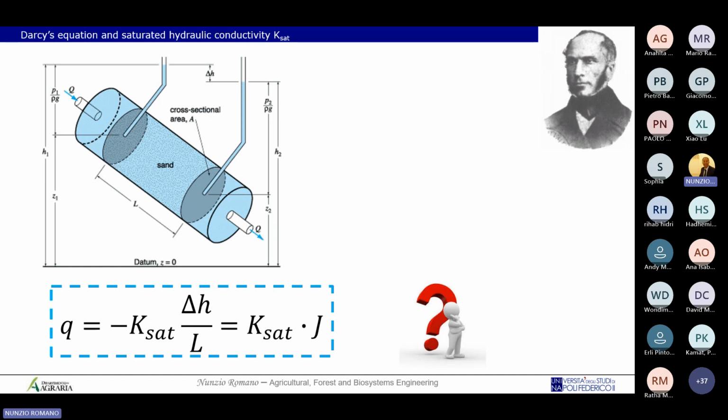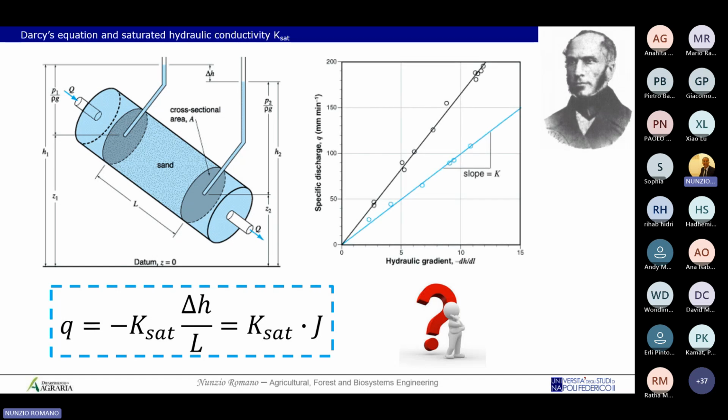This is a linear equation, and we can plot it on a graph. If we put the hydraulic gradient on the x-axis and the specific discharge on the vertical axis, we have the measuring points, and you can interpolate them with a line.